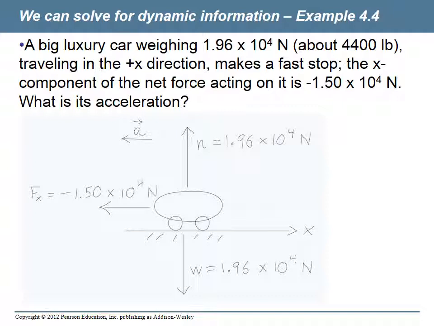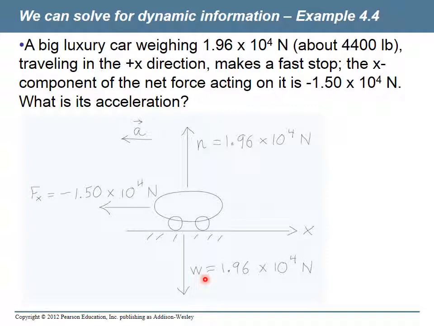So I have all this, and I want to find what's the acceleration. Well, it's pretty easy, right? Force is equal to mass times acceleration, so all I need is mass. I'll take my force divided by my mass and have my acceleration. But what's my mass? I'm given a weight, I'm not given a mass. But I do know that weight is equal to mass times gravity, right?